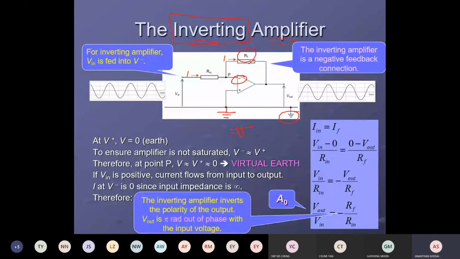Inverting amplifier means you give a cos graph, and after the signal gets into the operational amplifier, the amplifier will invert it. The cos graph becomes a negative cos graph. If you give a sine graph, it is inverted to a negative sine. It's going to invert the signal. It's called an inverting amplifier.